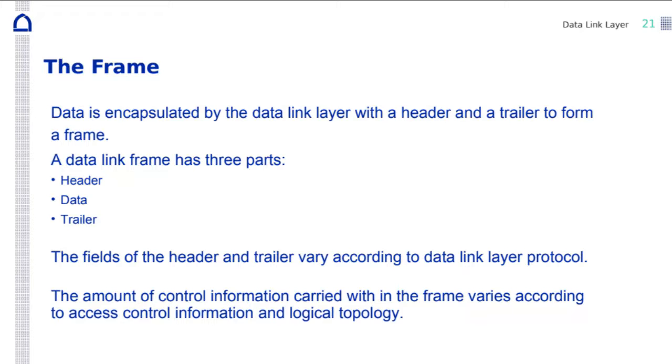The amount of control information carried with the frame varies according to access control information and logical topology. We already mentioned this. Now, this is high-level information. We can go very deep into this, but in your telecom class. For this class, we need to know this basic information. All right. Any questions here?